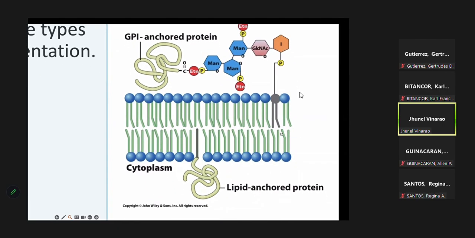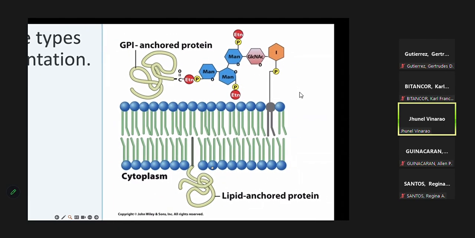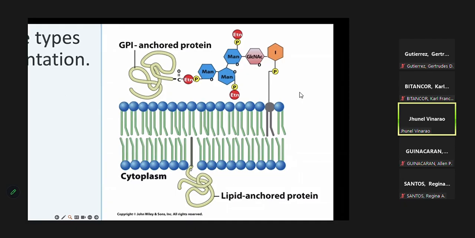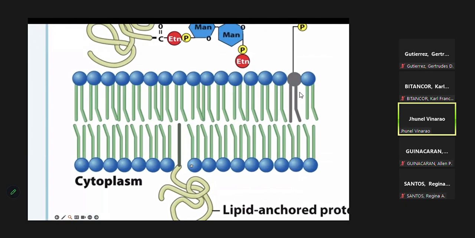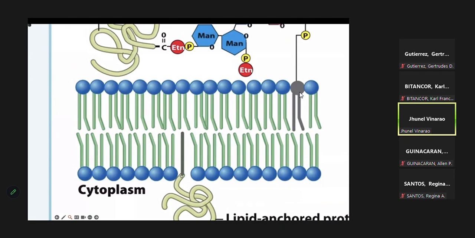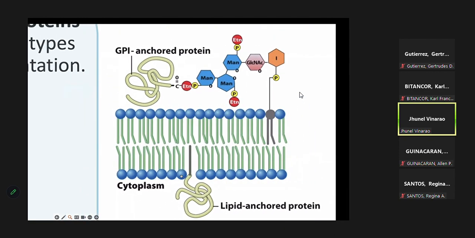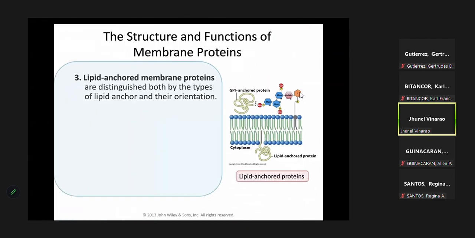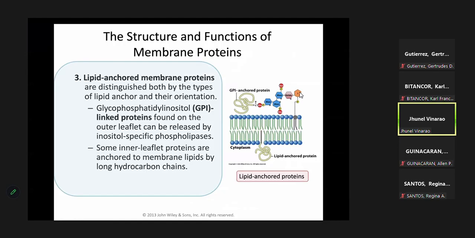For some lipid-anchored proteins, the incorporation is only a weak interaction. GPI is one example we will encounter as we proceed to cell-to-cell communication.